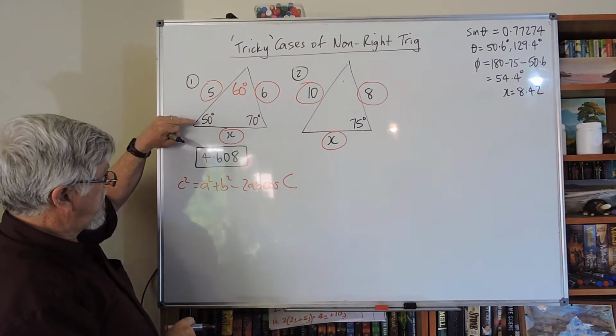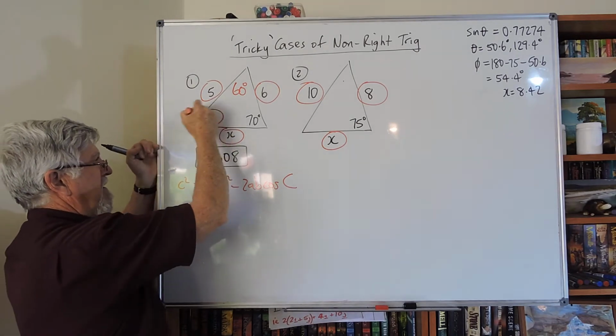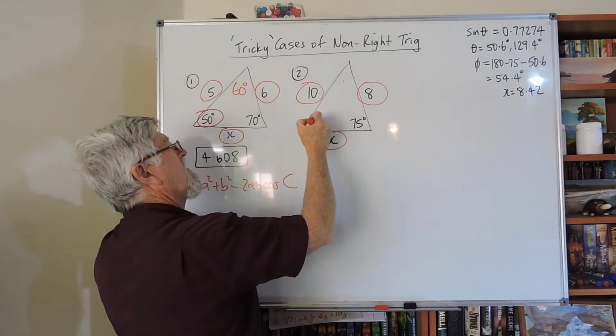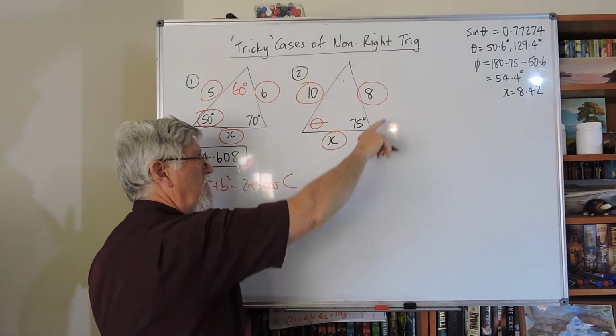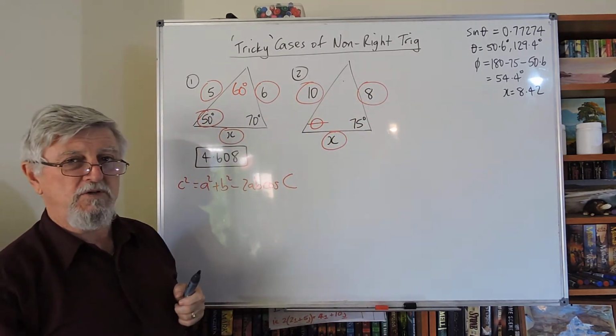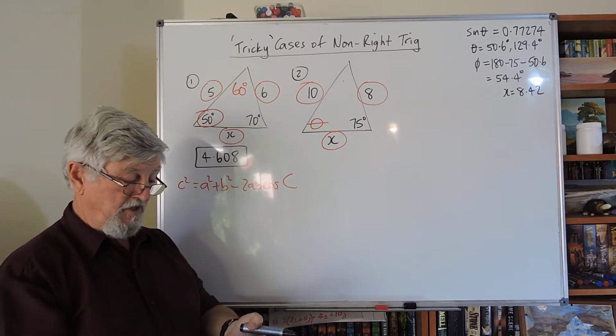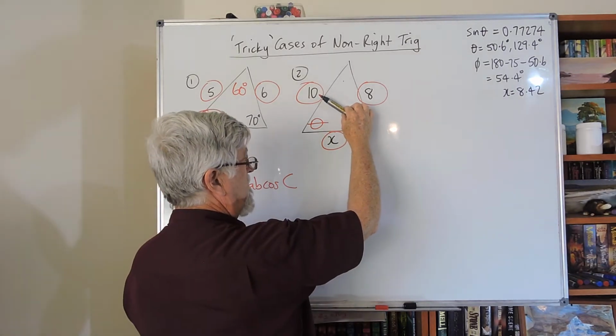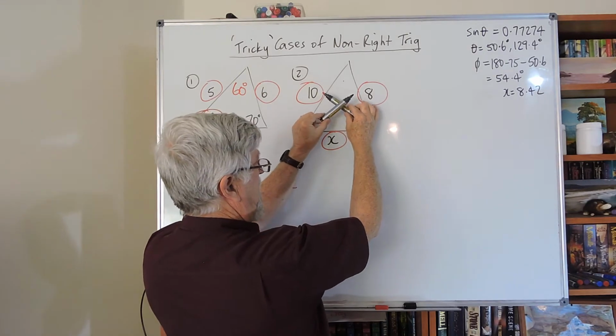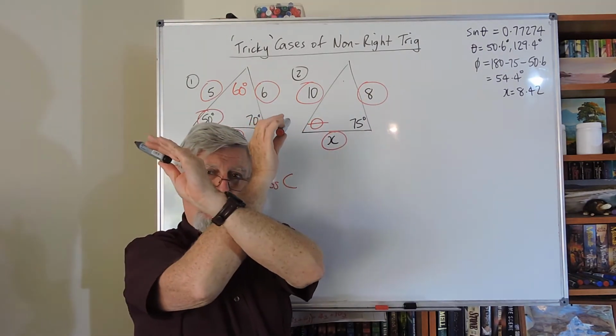So we knew that this one was 50, so on this one we have to figure out what that angle is. And that's where it looks like a cosine question, but it turns out to be a sine question. Now I don't want to clutter my diagram too much, but there's one pair there, and there's the other pair there. So there's my two pairs I keep talking about.